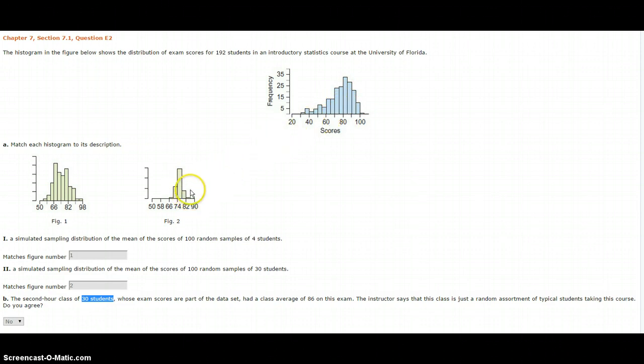And so if we're getting an 86, that tells us that these students are not like the typical students in the population. It tells us there's some difference. Maybe these students somehow chose the class because of the teacher or because of the time of day, but whatever, these students tend to be on average better than the typical statistics students at University of Florida.